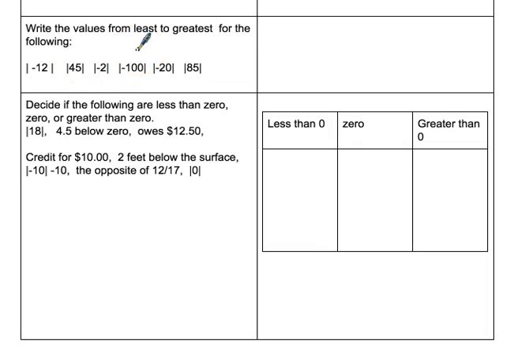I want you to take 1 minute. Okay, I'm going to time you from here. And I want you to write the absolute value. And this says from least to greatest, or from smallest to largest. So get ready.